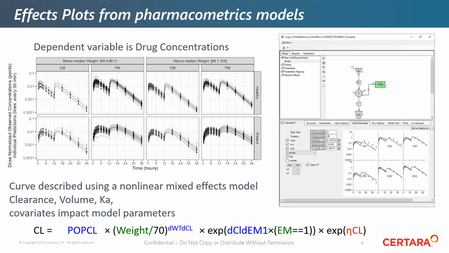And for these parameters, for example clearance, you might see in most models we use a multiplicative form of covariate. So it's population clearance times a covariate, body weight standardized over the median value or a reference value of choice, to a power of something.